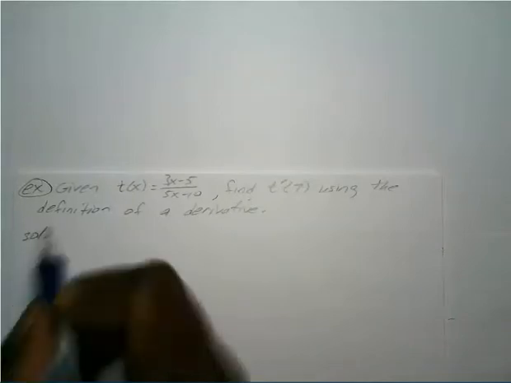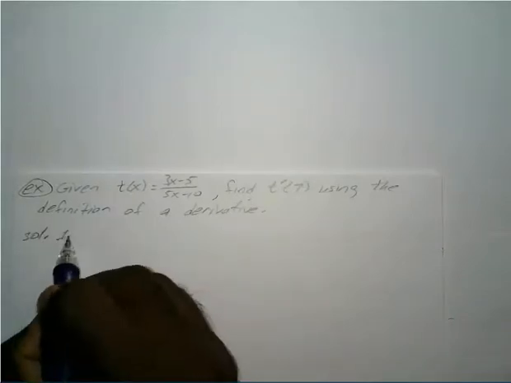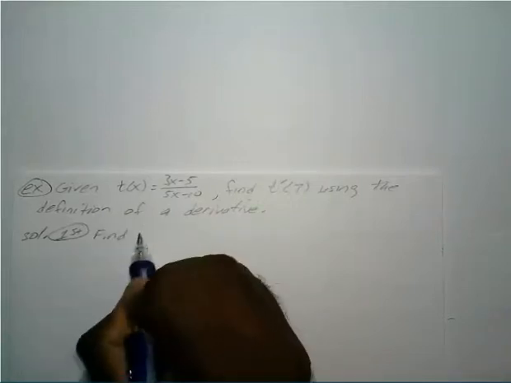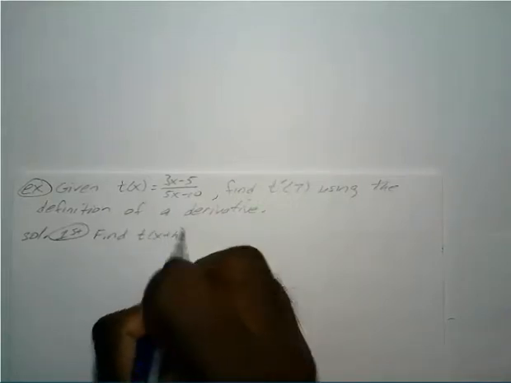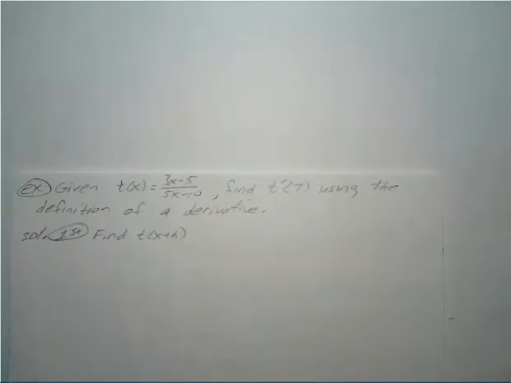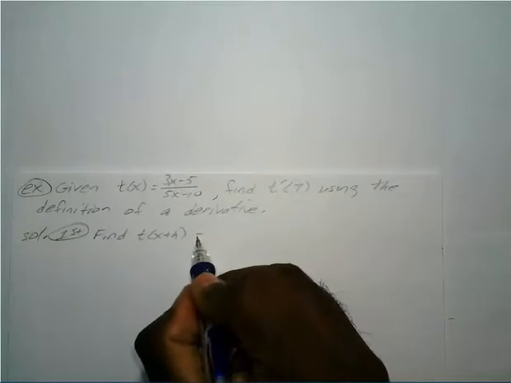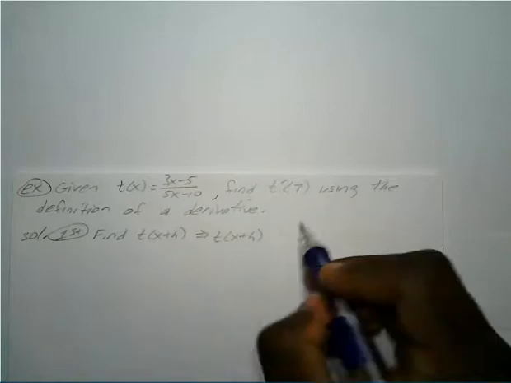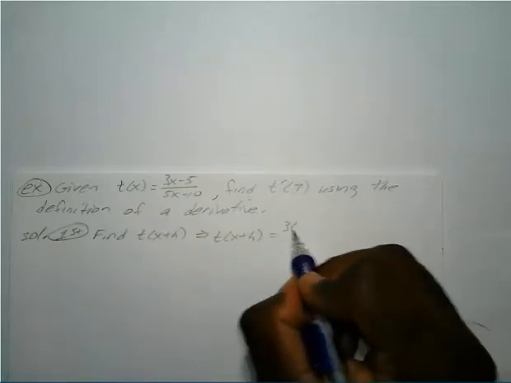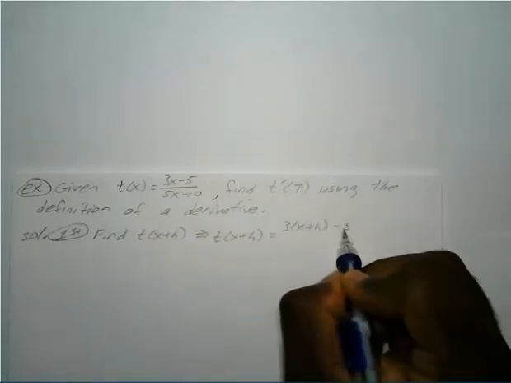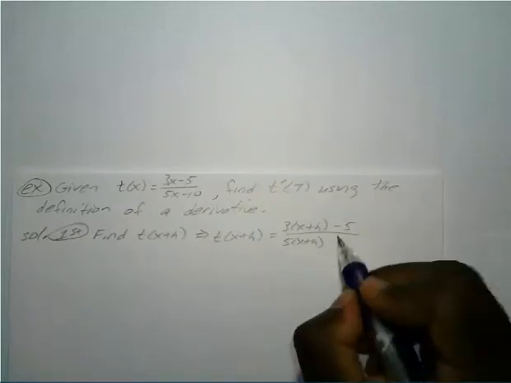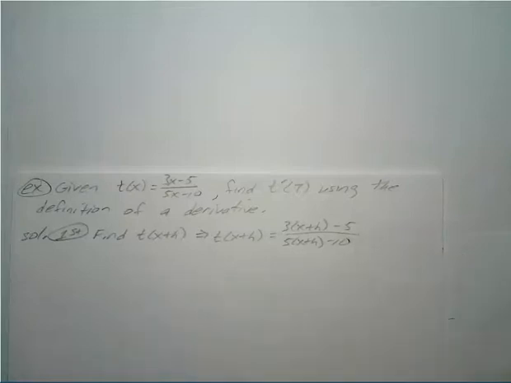So just like before, your first step is to find t of x plus h. Okay, so we can see that your t of x plus h is equal to 3 times (x plus h) minus 5 over 5 times (x plus h) minus 10.